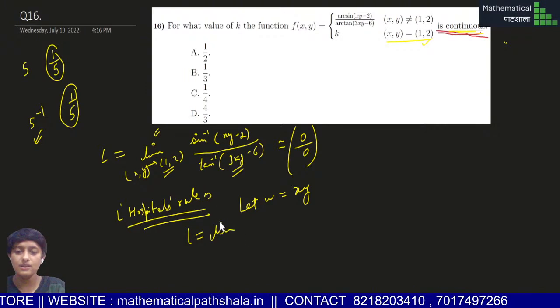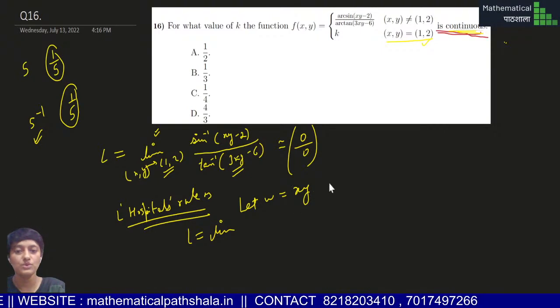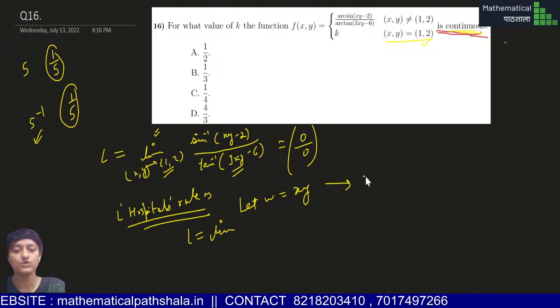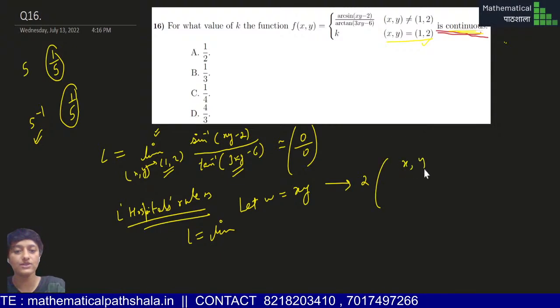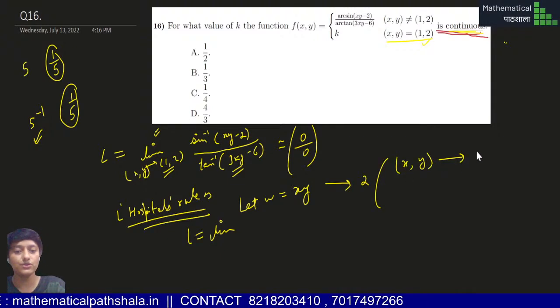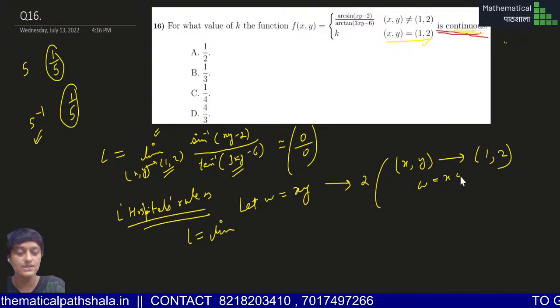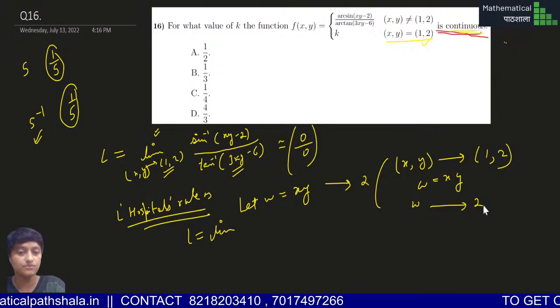Okay, if x tends to 1 and y tends to 2, then what will W tend to? 1 times 2, that is 2. Did you get it? If (x, y) tends to (1, 2) and W is given by x into y, then W will tend to 1 into 2.